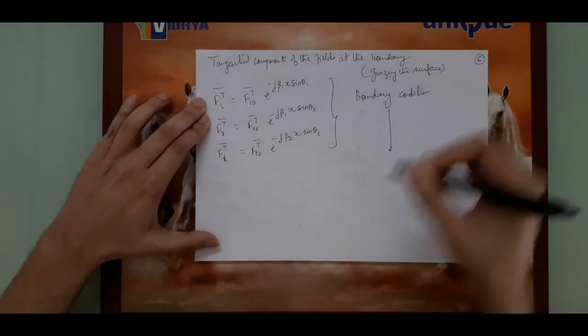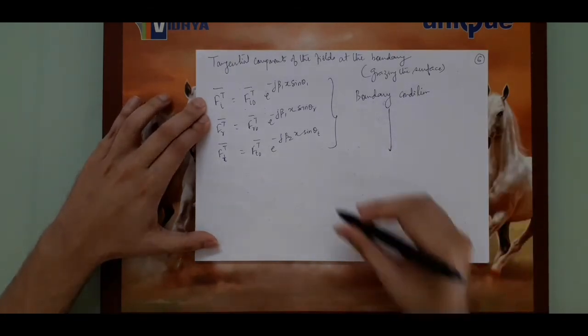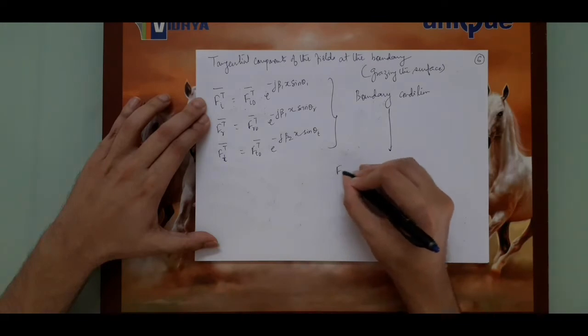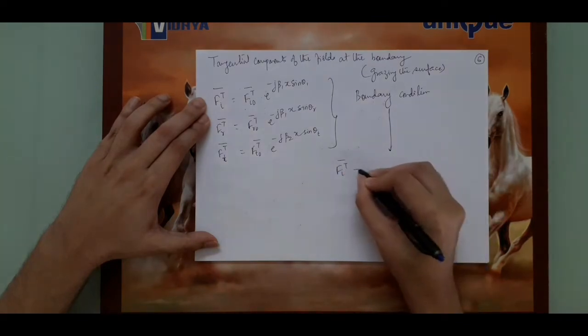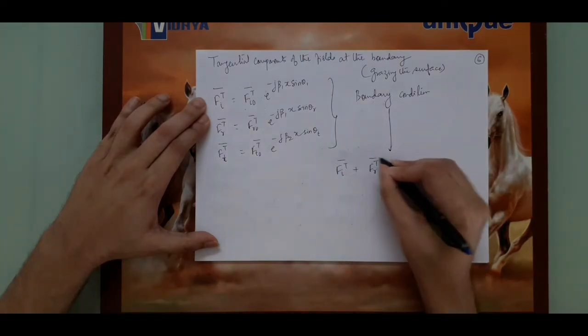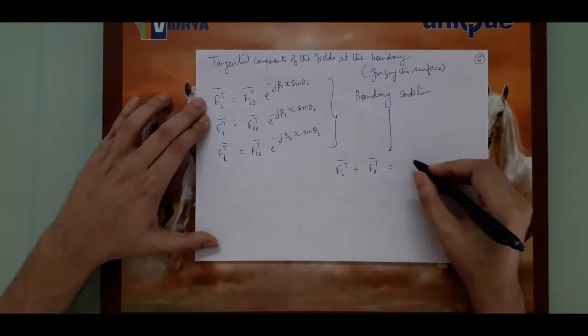So if I now apply this, I can say that Fi tangential plus Fr tangential must be equal to Ft tangential.